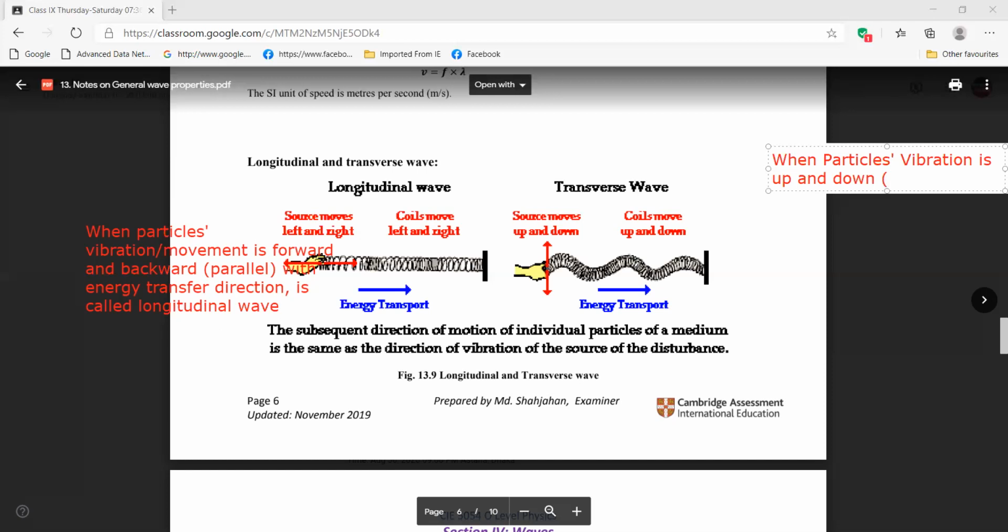In bracket you write perpendicular, or 90 degree, right?